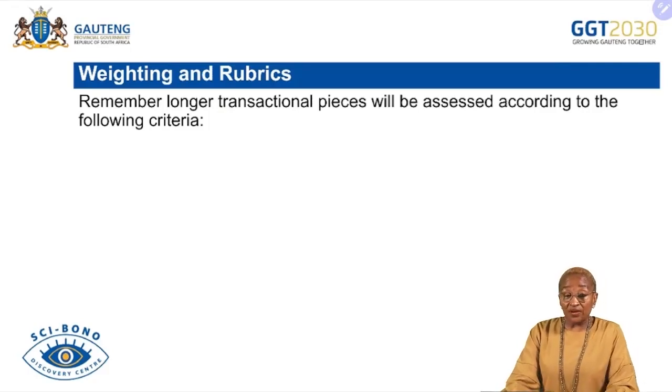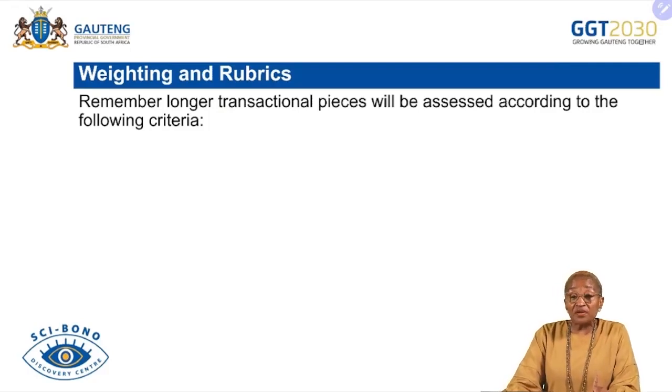Before we take a short break, I just need to bring this to your attention. And that is the weighting and the rubrics. Remember, longer transactional pieces will be assessed according to a specific criteria.